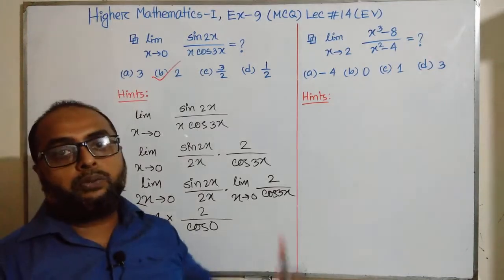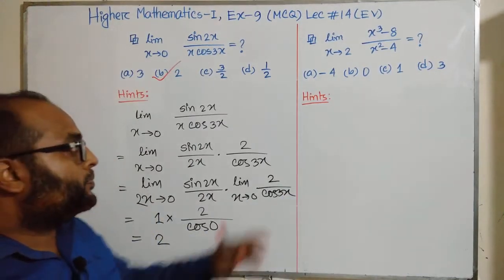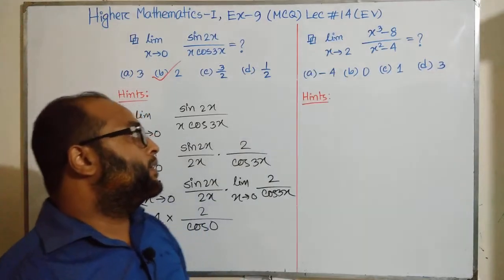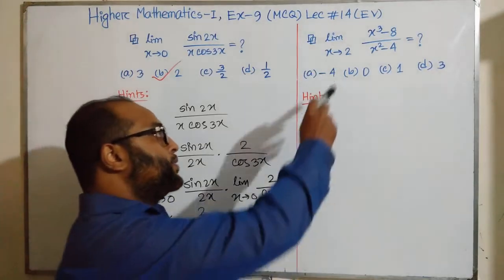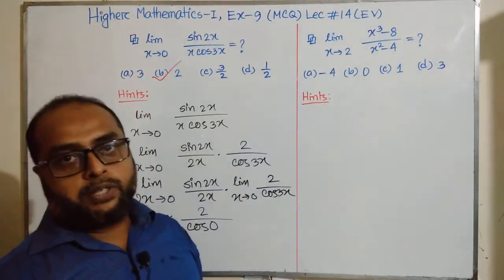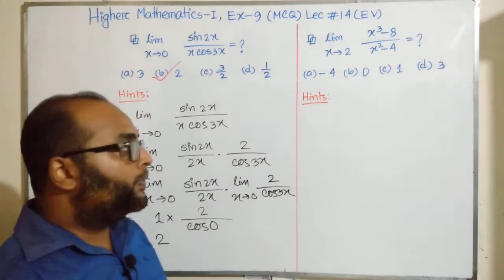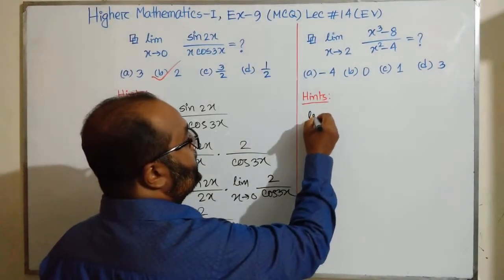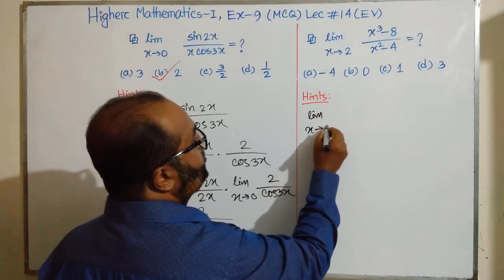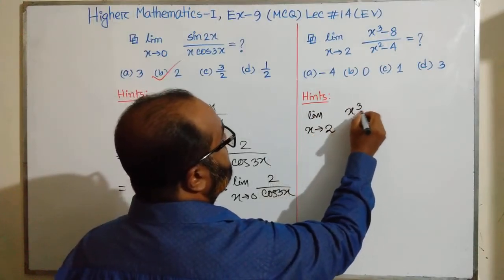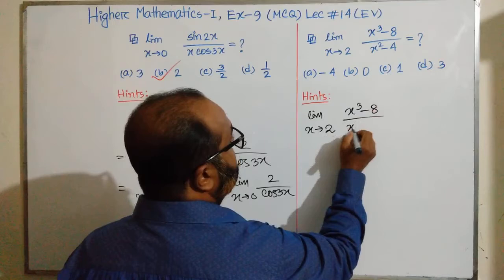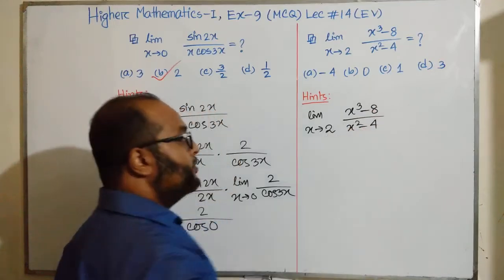Okay students, now our second problem. This is limit x tends to 2 x cube minus 8 divided by x square minus 4.